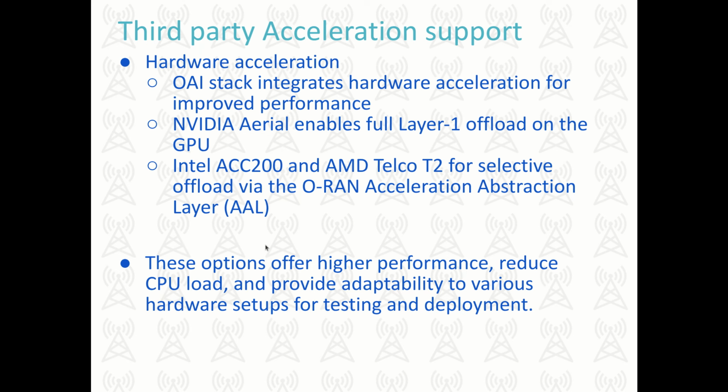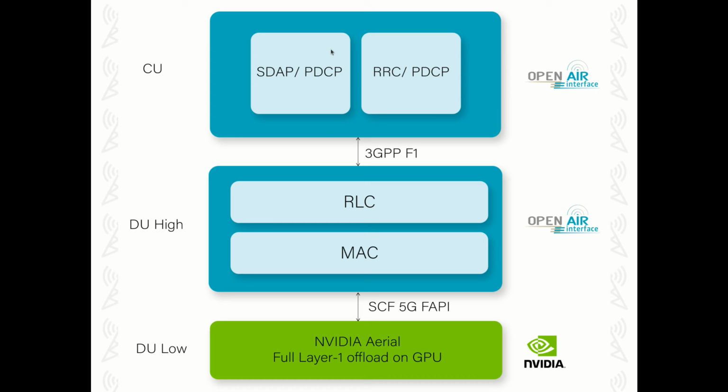So all that basically people have done that interface, and typically they will replace the L1 of the 5G RAN with, for example, NVIDIA. Okay, so the interface between DU high and DU low is through NFAPI.